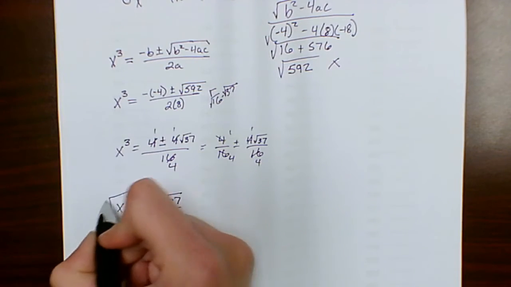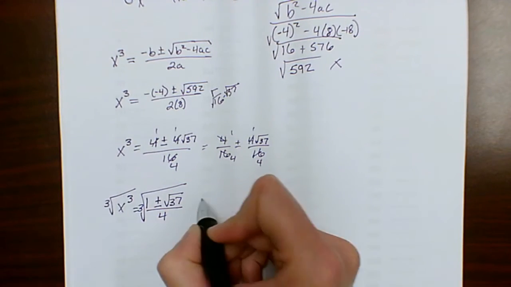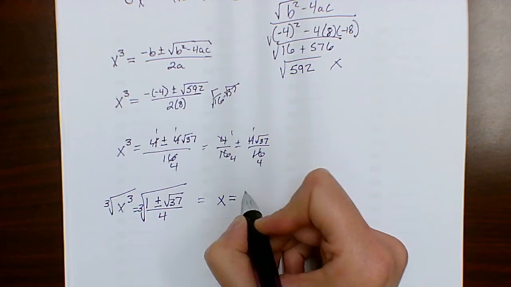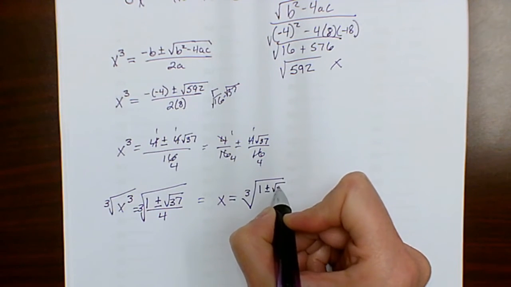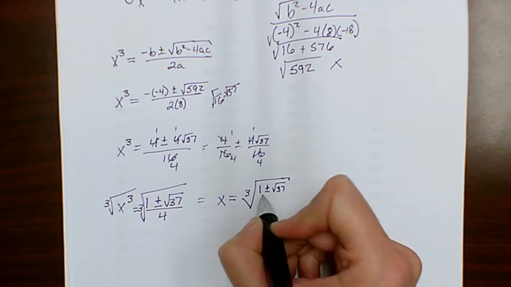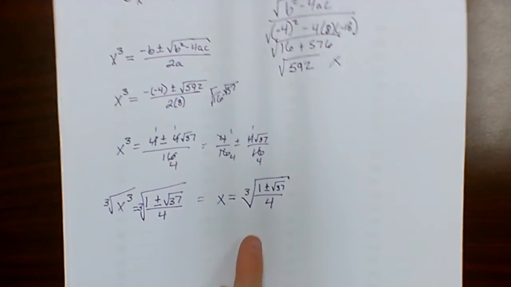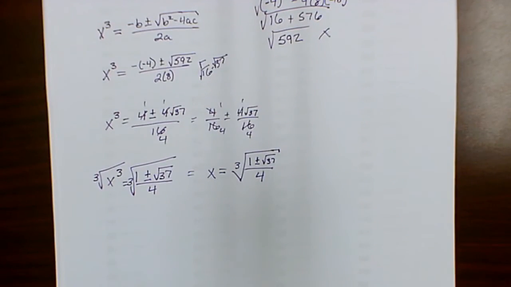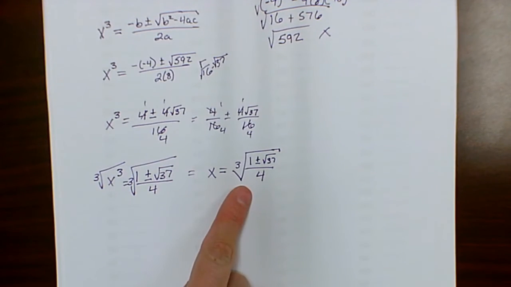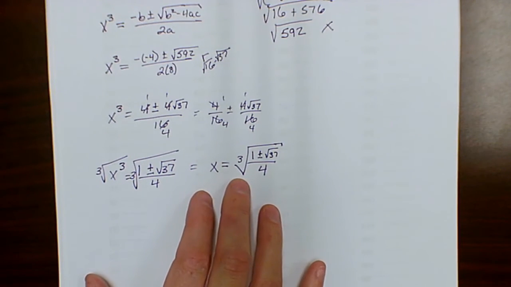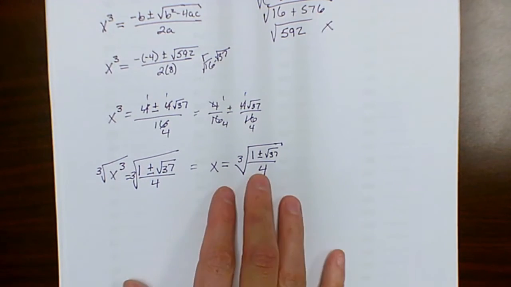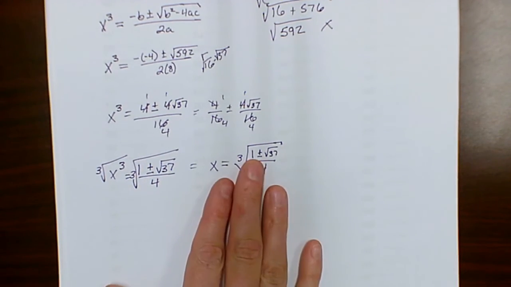And then we're going to cube root both sides. So x equals the cube root of 1 plus square root of 37 all over 4. Technically, there is a radical in the denominator, but if you can get to this point, you don't need to rationalize your denominator if you use the quadratic formula. This will be okay to submit.